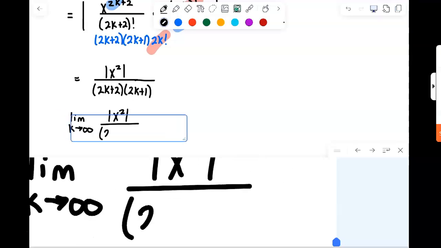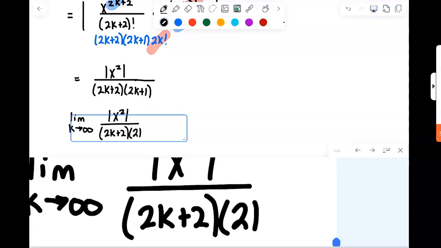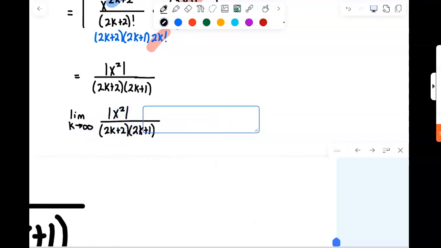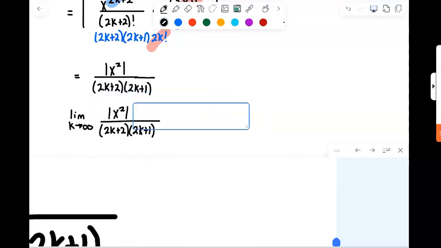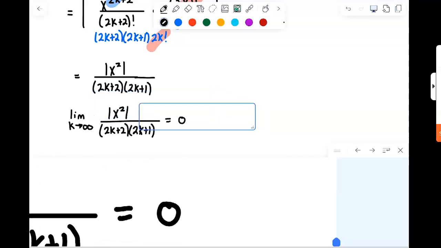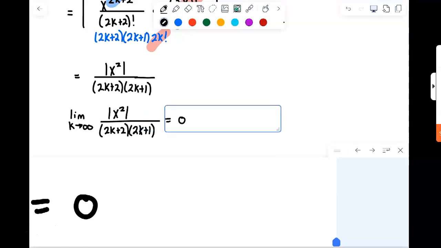And of course, x squared is just a constant, so we fix that no matter what value it is. It's going to be some constant. So the denominator goes to infinity. The numerator is some fixed constant. So this whole thing goes to 0. All right, so this whole limit goes to 0. And 0 is always less than 1, no matter what x is.